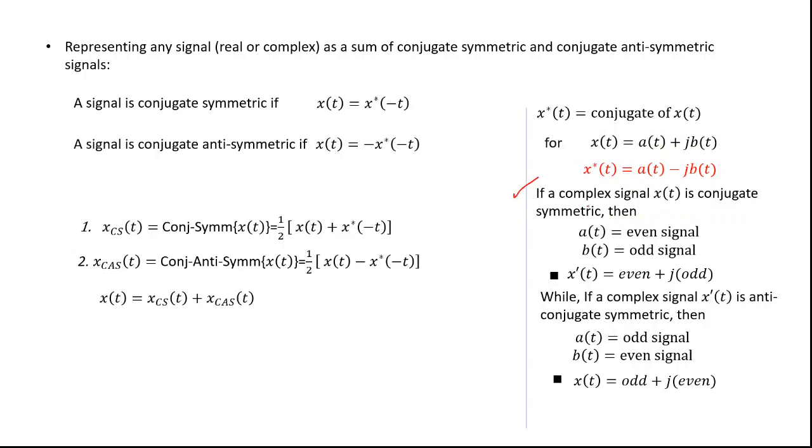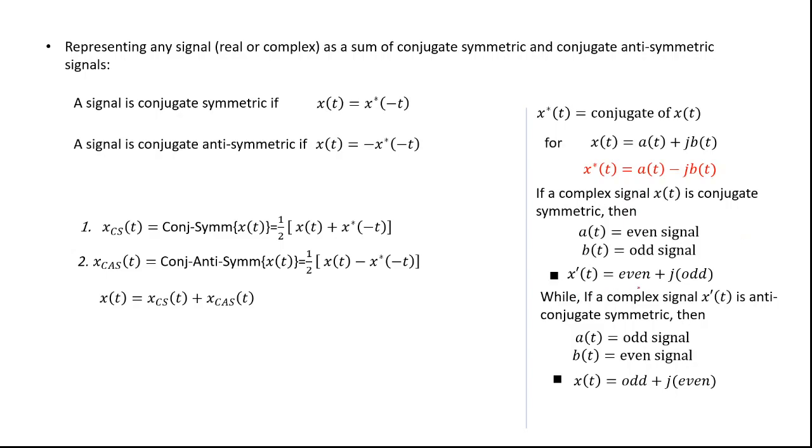What it says is that if the signal is conjugate symmetric, then its real part will be an even signal and its imaginary part will be an odd signal.